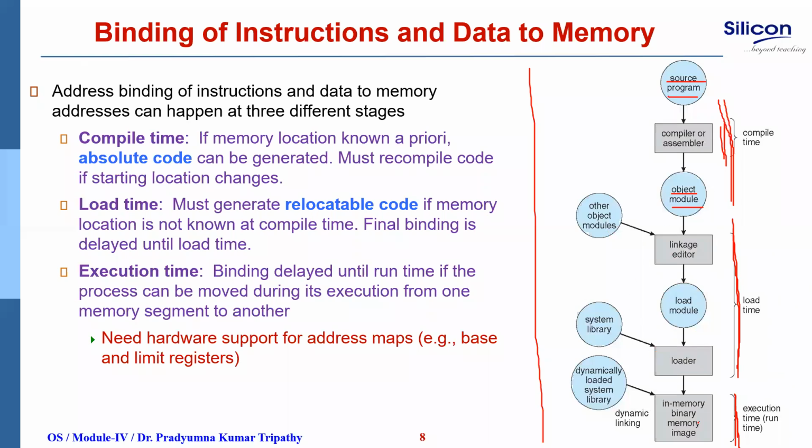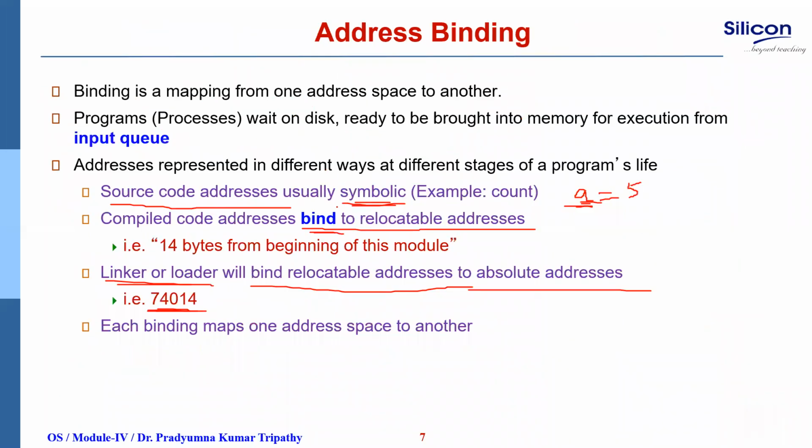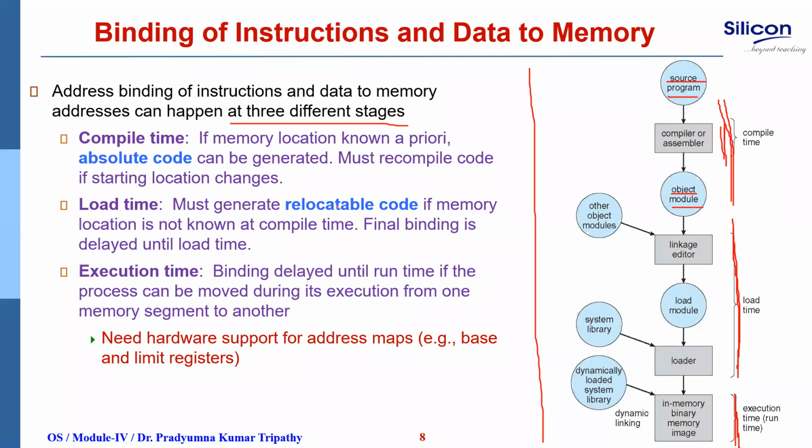Then the binary image is created and executed, which is called the execution time. So address binding of instructions and data to memory addresses can happen at any of three different stages. This can be done at compile time, at load time, or at execution time.